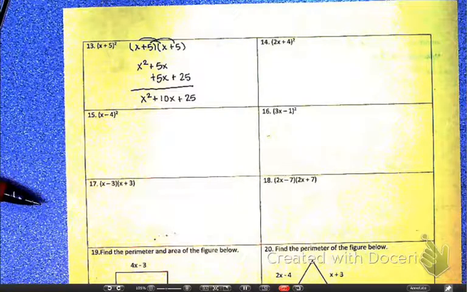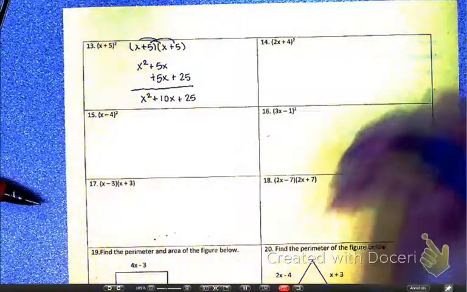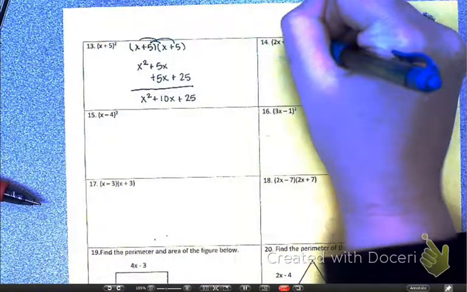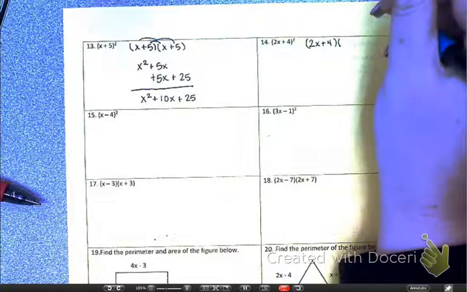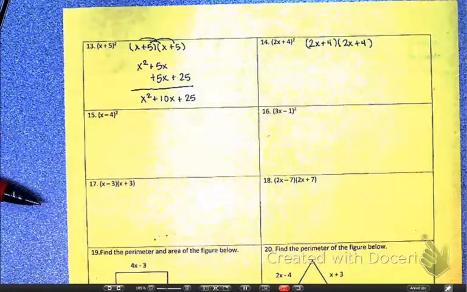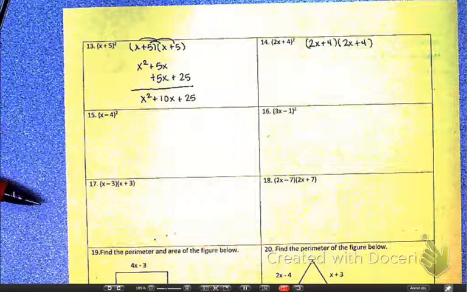Okay? Which means 14 is the same thing. You need to rewrite it as (2x + 4)(2x + 4). Okay, distribute or box, whatever your heart desires.